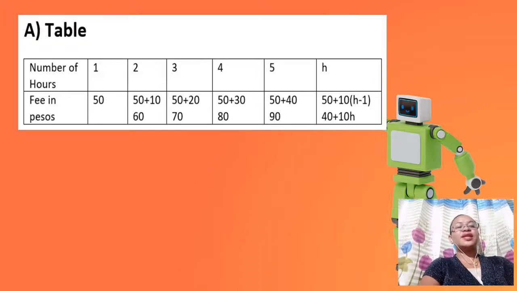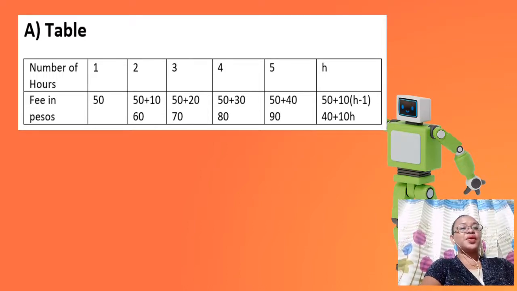So we know that in the first hour, we pay 50 pesos. And so if you park for 1 hour only, your payment is just 50 pesos. But if you park for 2 hours, your payment will become 60 because you will have to pay 10 pesos additional for every hour.